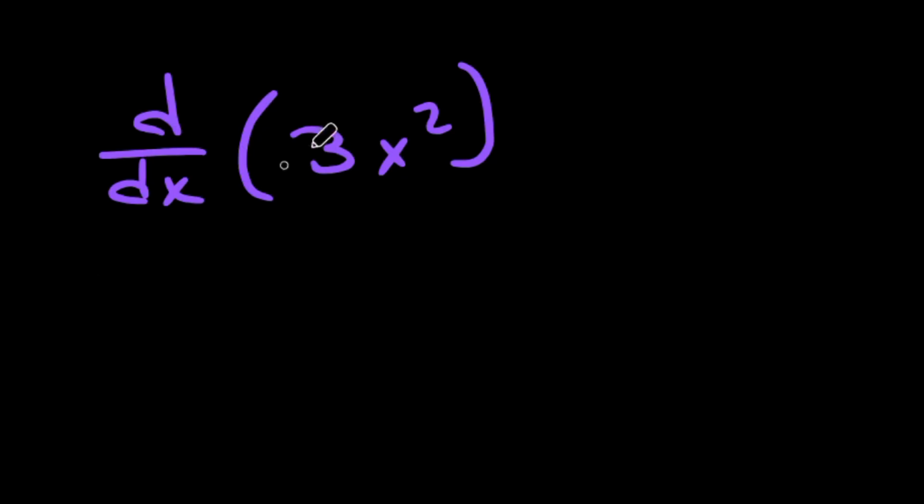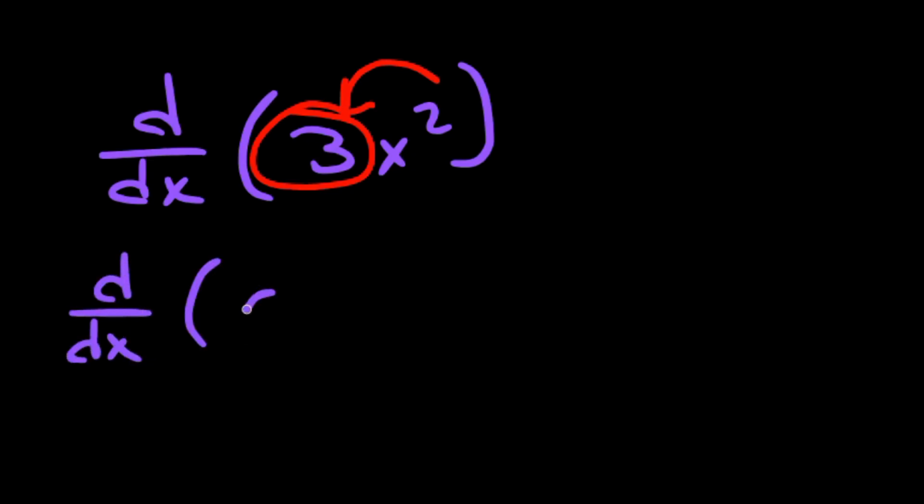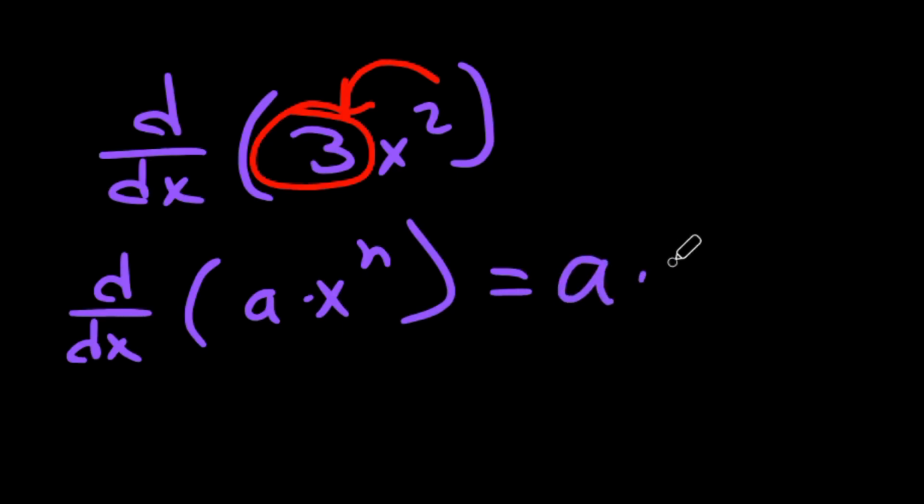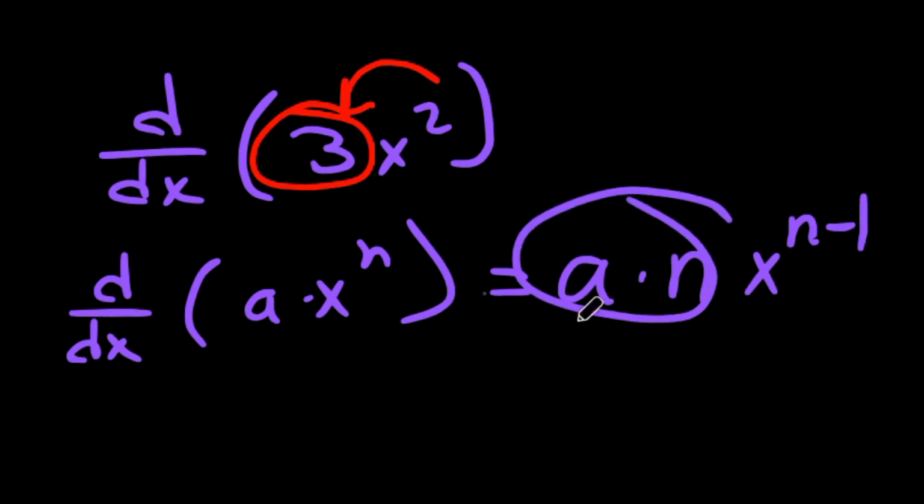What we do here is we hop the 2 down, but instead of just keeping the 2 there, we multiply it with this coefficient in the front. So the formal formula for this is the derivative of a times x to the n is equal to a times n times x to the n minus 1. The only thing we're changing here is we're multiplying that n by that coefficient.